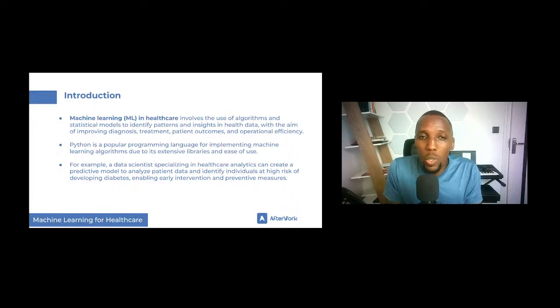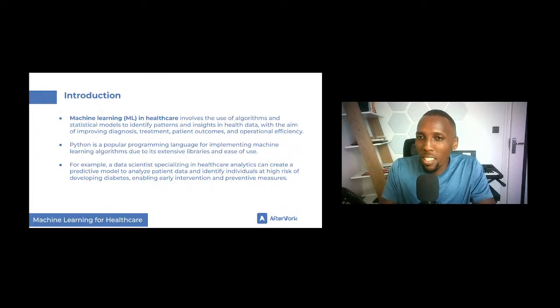So for example, another use case would be you could be a data scientist specialized in healthcare data analytics, and you can create a predictive model to analyze patient data and identify individuals at high risk of developing diabetes.